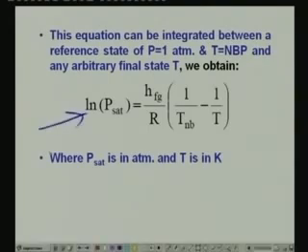This is a very useful equation. You can see that normally the normal boiling point can be obtained, and this is the temperature at which you want to find out the saturation pressure. So this is known to you, and this will be generally known, and this can be measured.